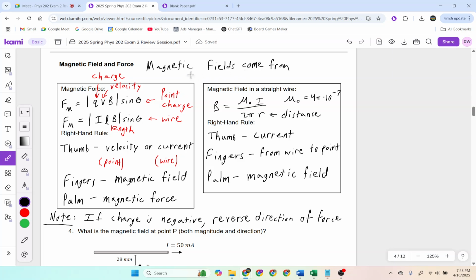Magnetic fields come from current in a wire. A+ for Skylar. So what that means is, if you look at a problem on this test and you say to yourself, there's no magnetic field, this is a trick question, probably not. There's probably a current in a wire that's supplying the magnetic field. You have to use this equation to find it.